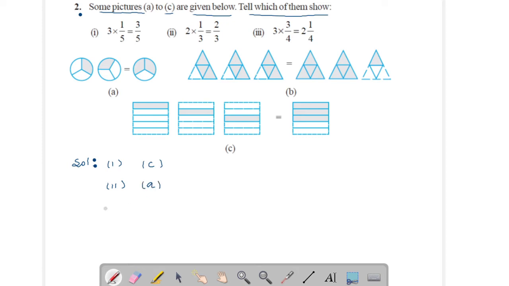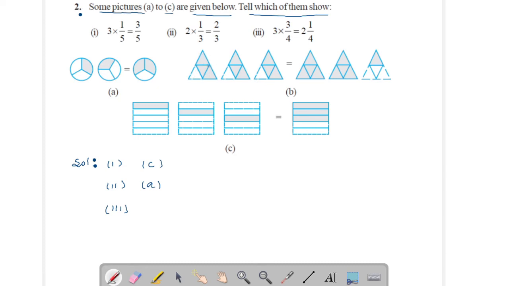Now come to third part. It is 3 into 3 upon 4 equal to 2 1 upon 4. Here 3 upon 4 means whole is divided into 4 parts and 3 parts are shaded. Then see B part, here a triangle.